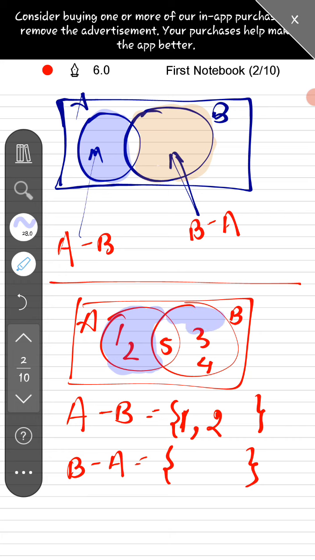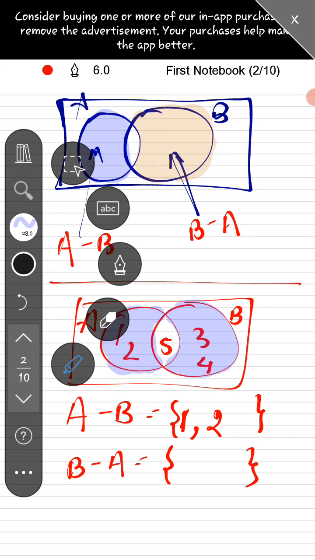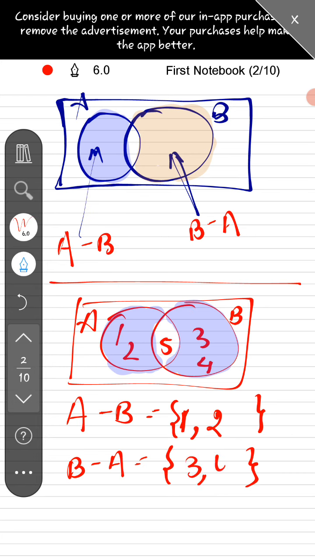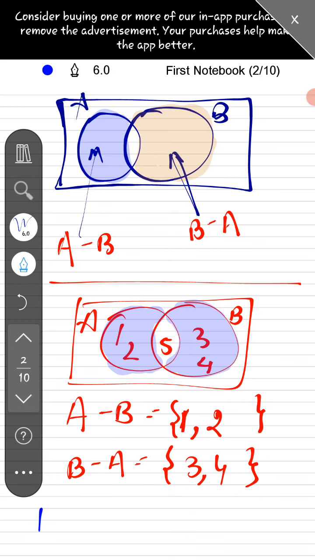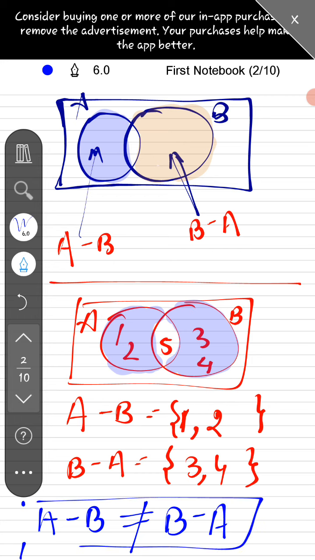And this part is only B, so we can write this as B minus A, or 3, 4. Is it? Yes. So we are clear with this, and we can conclude one more thing: A minus B is not equal to B minus A. This is very, very important, and we can conclude that both are different, right?